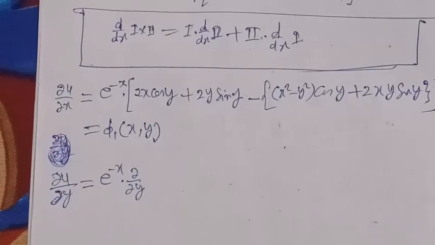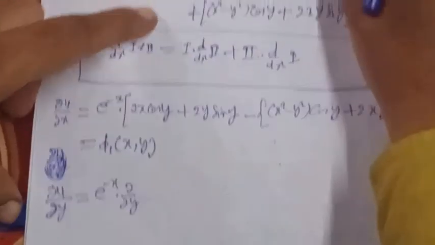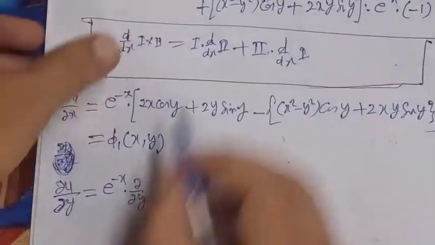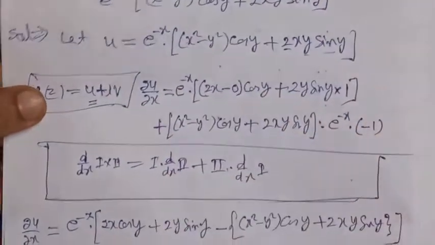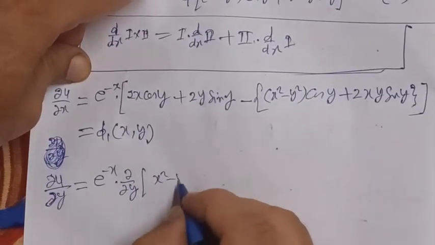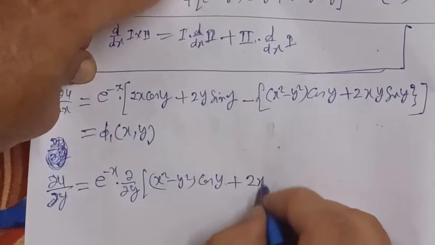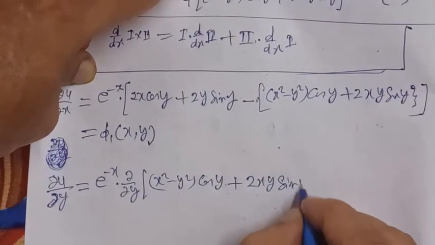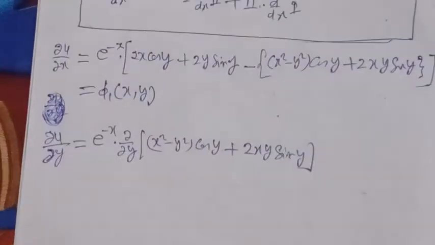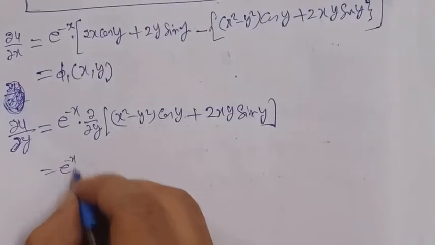Sorry for the interruption of power supply. We differentiate this bracket with respect to y: x square minus y square cos y plus 2xy sin y, is equal to e to the power minus x.